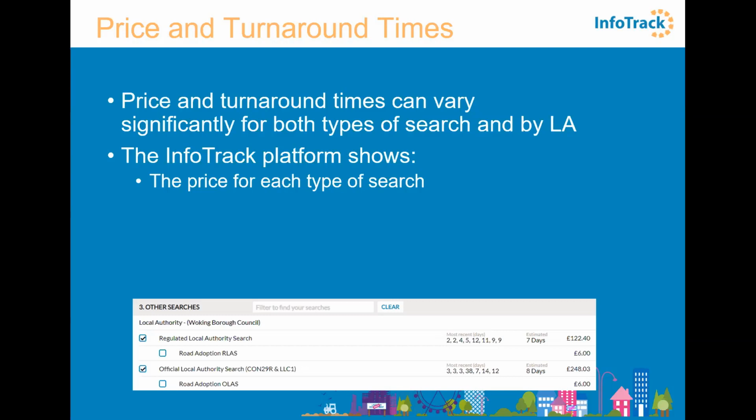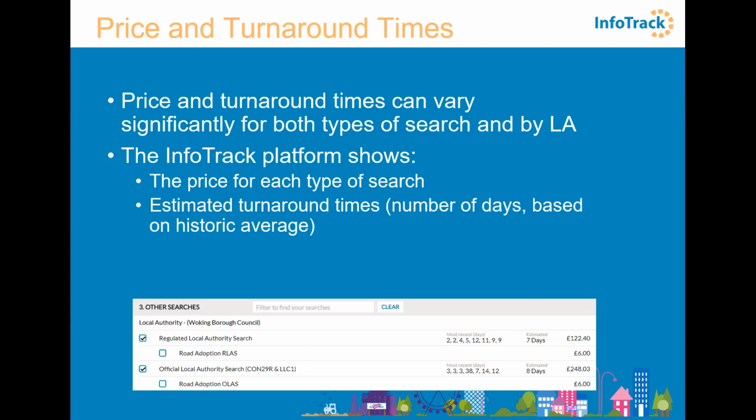Again, it does change, but because these are only ever done on the previous month's searches, unless stated otherwise by the local authority, InfoTrack will show you its previous 8 searches that we sent out. So you can see, for example, with regulated, typically the last 4 that we've sent out were under 7 working days.